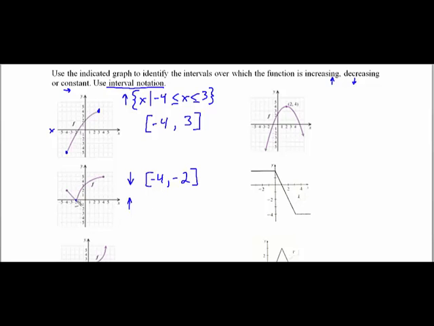And then it increases from 2 all the way up to 4, so 2, 4. Whoops, and this should be a hard bracket as well, because it can touch that dot right there at 4.